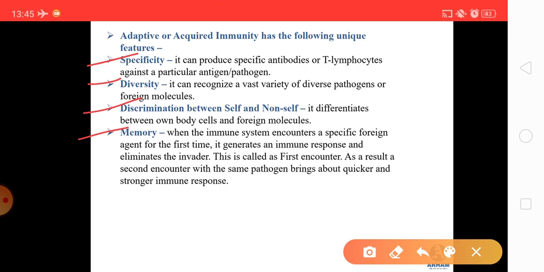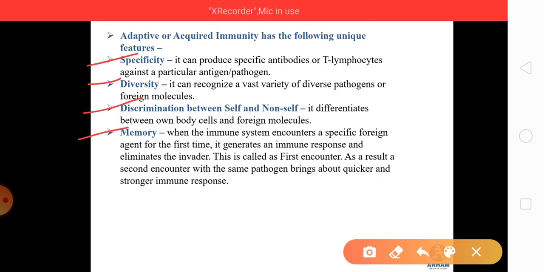Now, as a result of the first encounter, if there is a second encounter with the same pathogen or virus, this time your body will have a quick and stronger immune response. Why is the response quicker and stronger the second time? Because the first time, the body developed a memory.